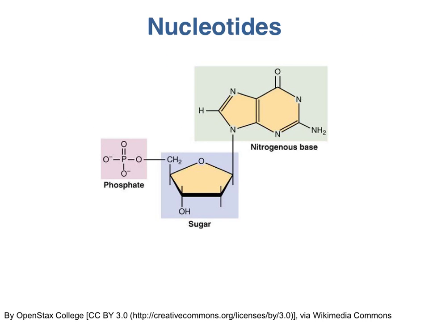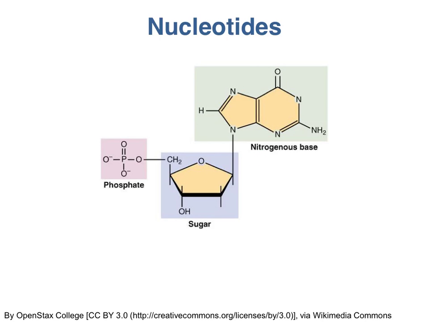Okay, so now that we've got some rough idea of the large structure of DNA and RNA, let's talk about the monomers. Let's talk about what DNA and RNA are made up of. Nucleotides are complex molecules themselves that consist of a central sugar group, a phosphate group coming off of that, and a nitrogenous base.